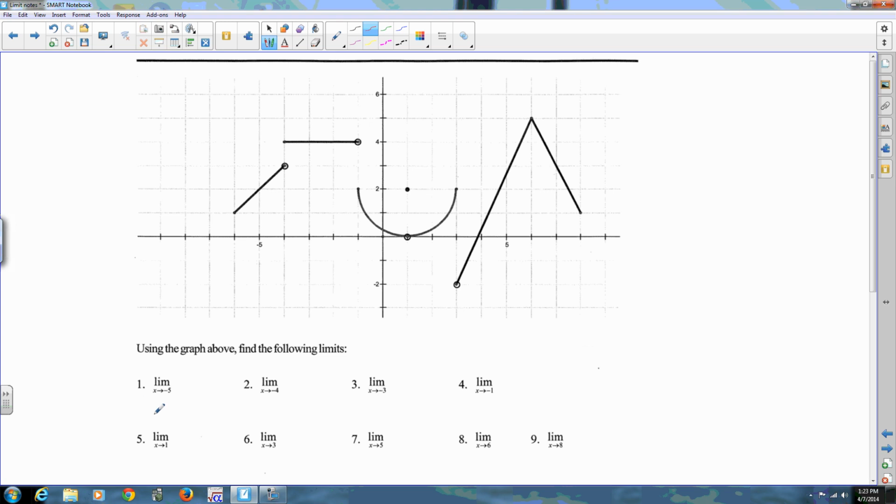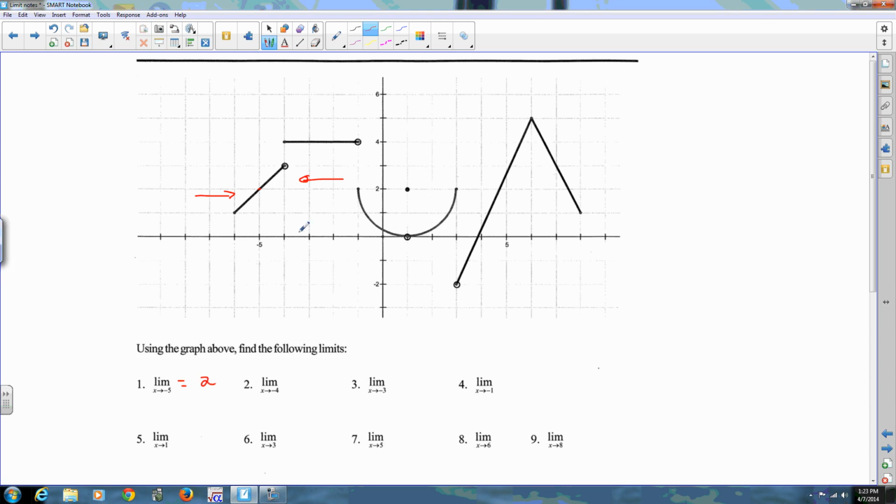Look at this one. What is your limit as you go to negative 5? So at negative 5, you're right there. As you approach from this side, and as you approach from this side with your x values, your y values are getting closer and closer to 2 from below, and 2 from above. So your limit would be 2.